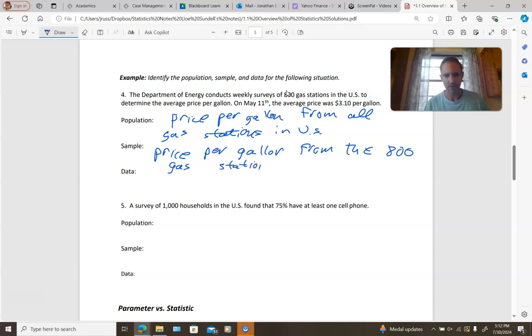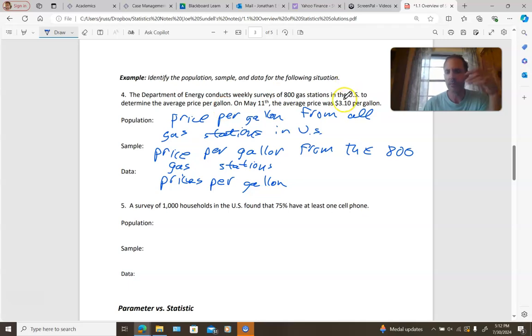Okay, so typically what's probably done is you pick a few gas stations from every state. And then the data would be the actual prices per gallon. Okay, that's going to be your data. So you're going to get a lot of different prices per gallon.